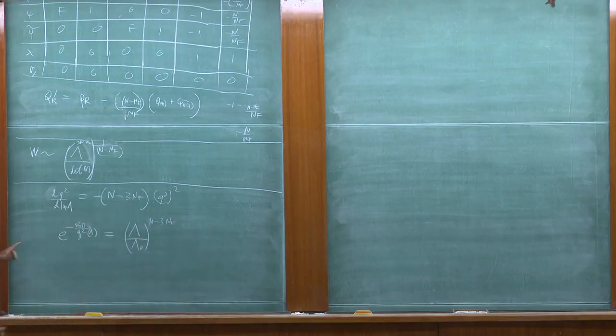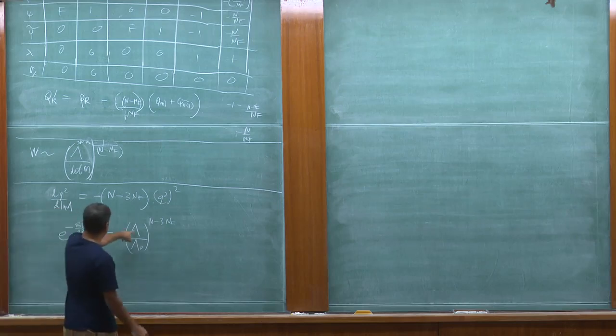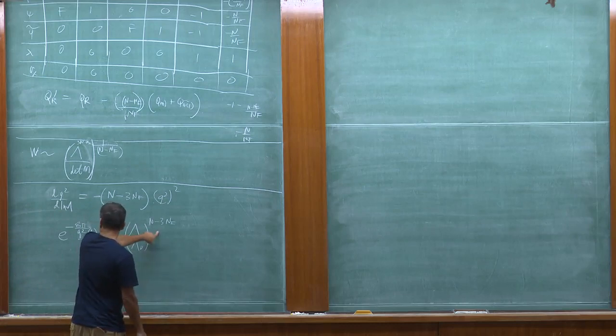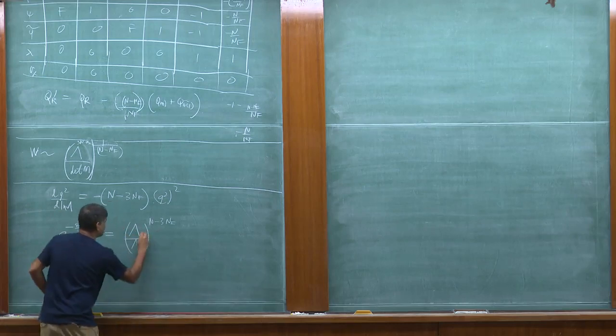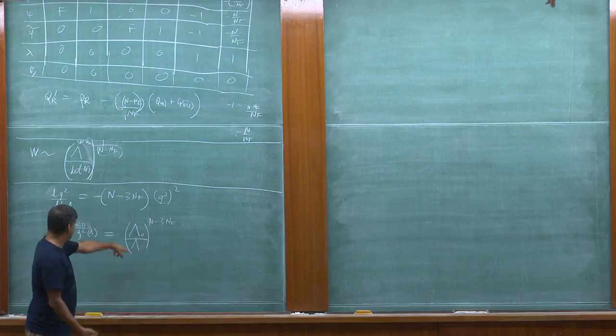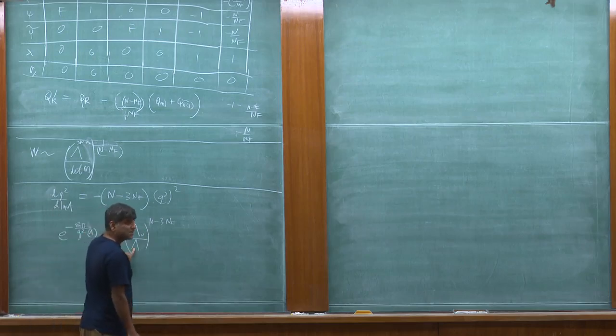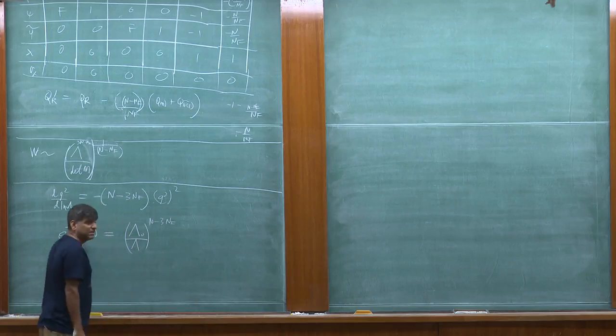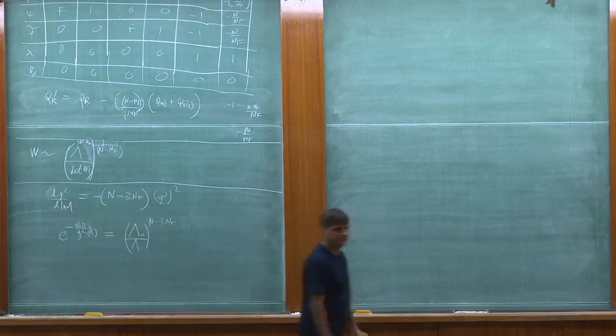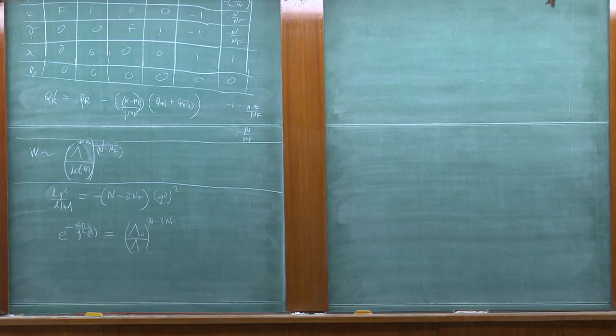Let me check if I've got this correct. If I take lambda to infinity, this side goes to infinity, but it should be minus infinity. So lambda naught by lambda. Now if I take lambda to infinity, this side goes to 0, and since g goes to 0, that's correct. So the running coupling constant in N equals 1 supersymmetric Yang-Mills theory, just by computing the one loop beta function, is given by this formula.